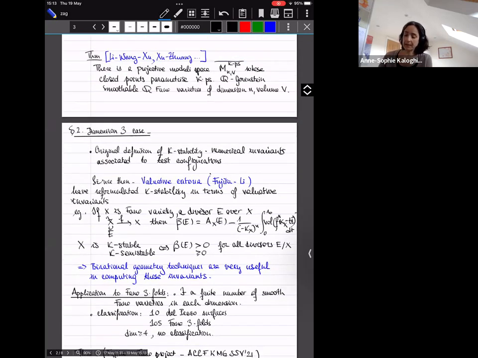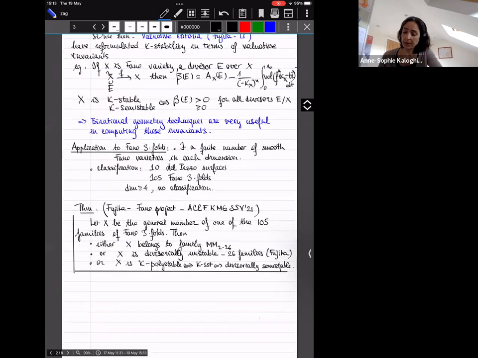But examining this list of 105 deformation families of Fano threefolds, my collaborators and I studied the K-polystability of the general members of each of the 105 families. Here I refer to this preprint with Araujo, Castravet, Cheltsov, Fujita, Kaloghiros, Martinez-Garcia, Shramov, Süß, and Viswanathan, called the Calabi problem for Fano threefolds.